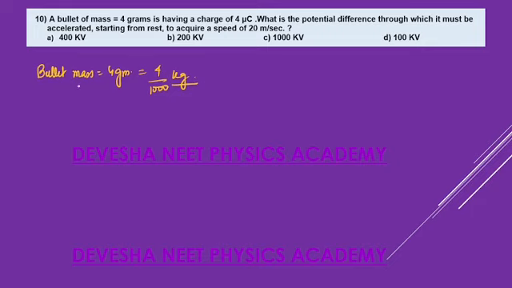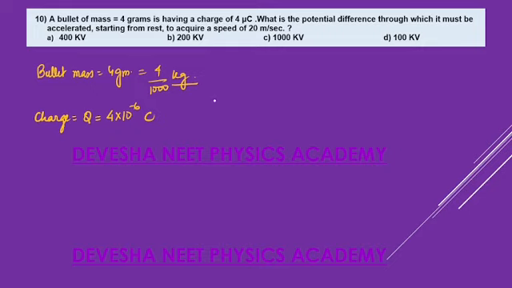It is having a charge of 4 microcoulomb. So charge Q is equal to 4 microcoulomb, which is 4 into 10 to the power minus 6 coulomb.